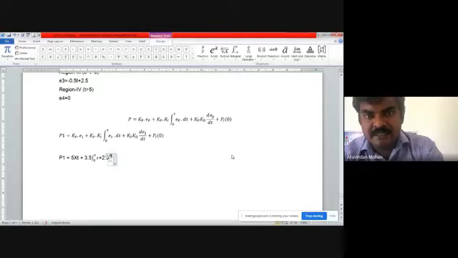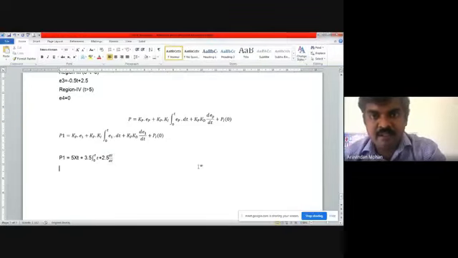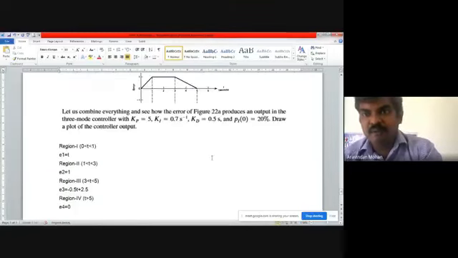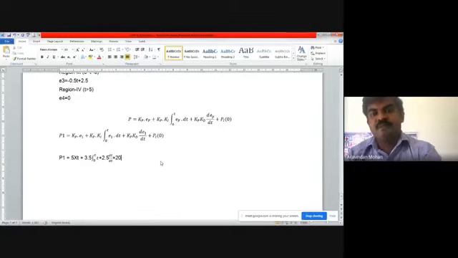It is t, so d by dt of t. Plus, what is our P1 of 0? The P1 of 0 is equal to 20. You can understand how I am just substituting the values.